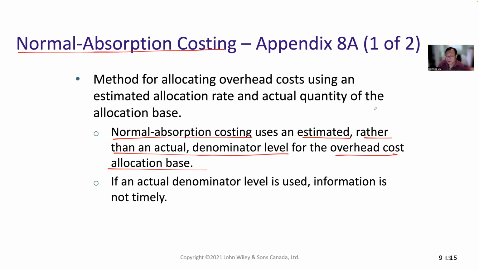So when you think about it, we calculate the overhead rate, right? The overhead rate is equal to your overhead cost divided by a base, right? This base is the denominator, and often this is the production, units of production.